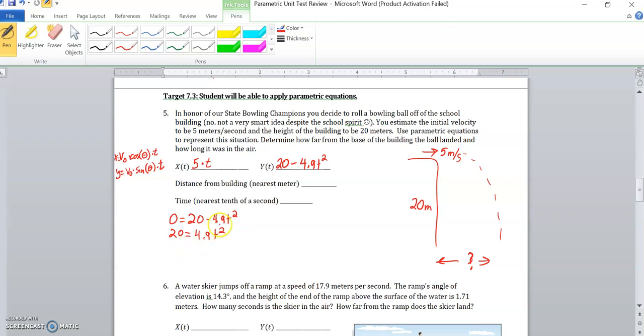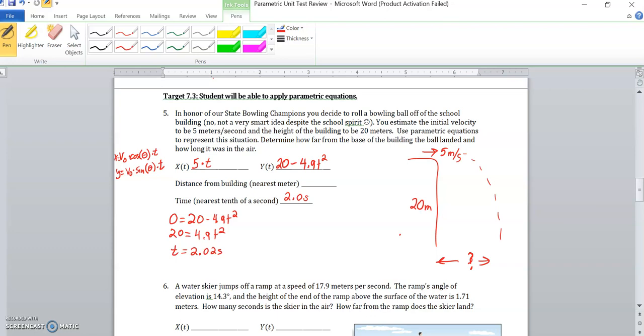When you divide by 4.9 on both sides, you get t squared by itself. Then you take the square root of your answer, and in the end, you get t is equal to 2.02 seconds. So to the nearest tenth of a second, your time is 2.0 seconds.